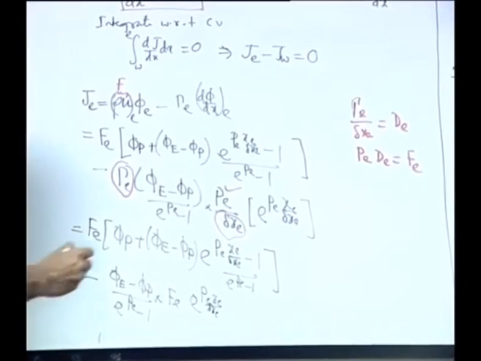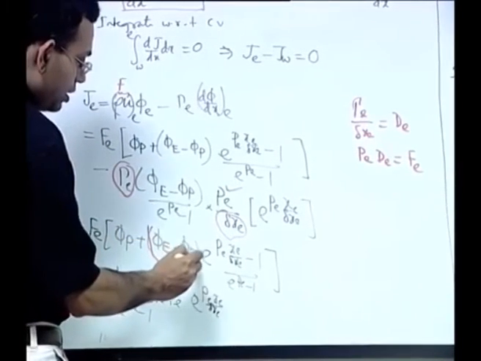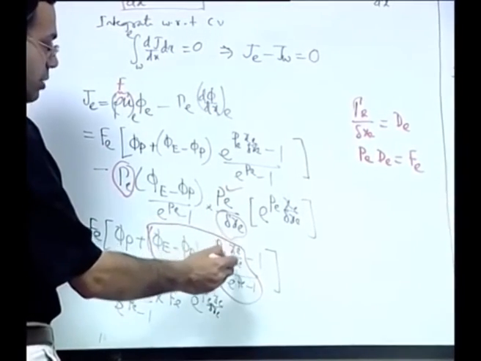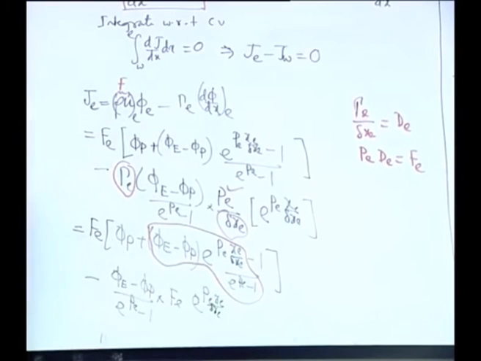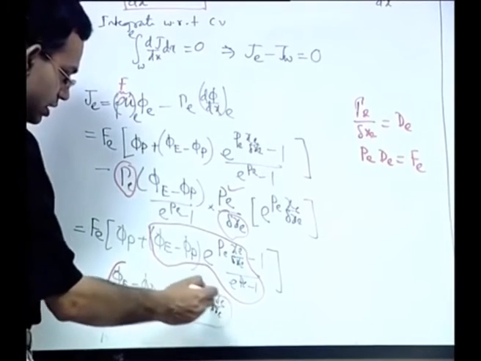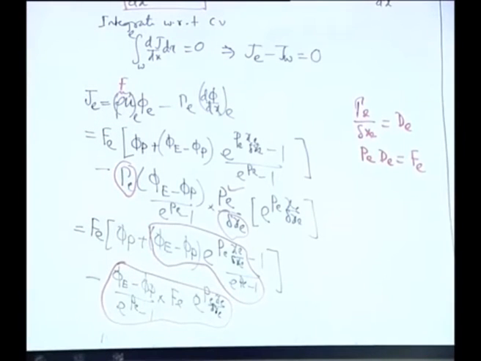So, you have a term phi e minus phi p into e to the power p x e by delta x e by e to the power p e minus 1, that multiplied by f e, and that term gets cancelled with the last term, because that is also the same as this with a minus sign.